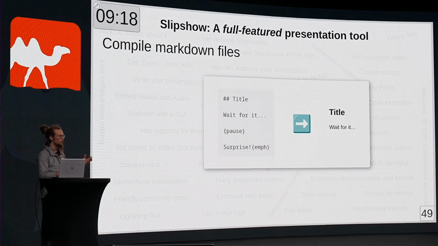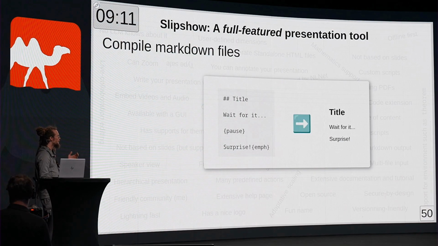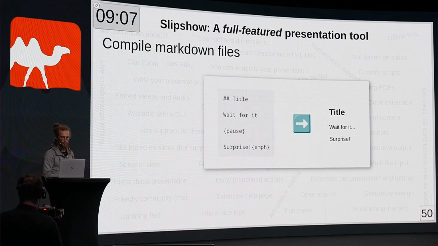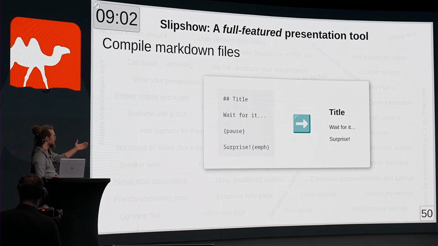So for instance, the pause action has hidden what comes after. And when I press right arrow, it displays what comes after. The next action, emph, is attached to something. So it is attached to "surprise".